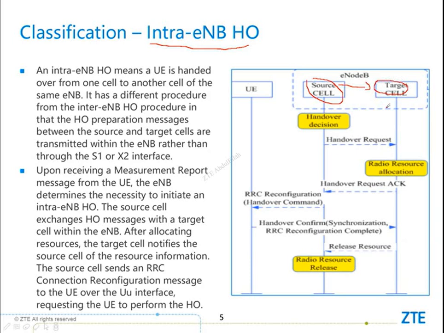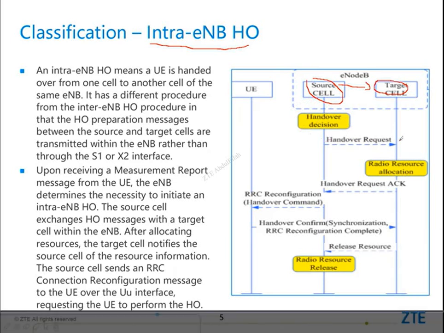Of course, the first step, the UE will send a measurement report to the source cell. After the source cell receives the measurement report from the UE, the source cell will do the handover decision. During the handover decision, the source cell will send a handover request to the target cell.